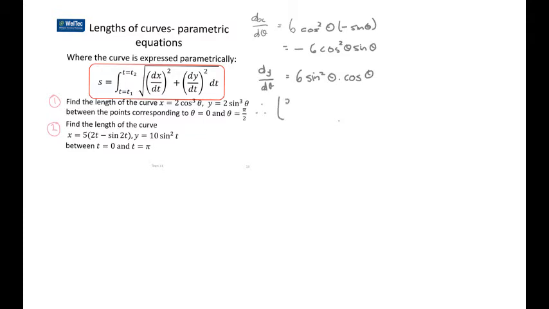So dx by d theta squared plus dy by d theta squared.